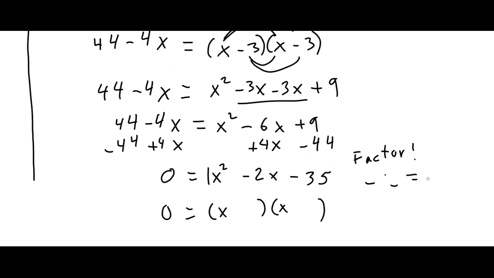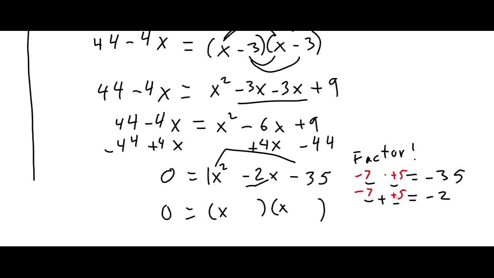Find two numbers that multiply to negative 35, because 1 times negative 35 is negative 35, and those same two numbers have to add up to be the number in the middle, which is not 2, but negative 2. The negative goes with the number after it. The numbers that are the solution to the puzzle are going to be a negative 7 and a positive 5.